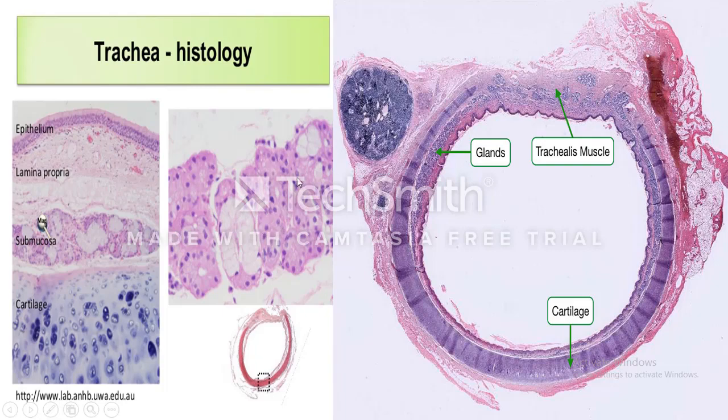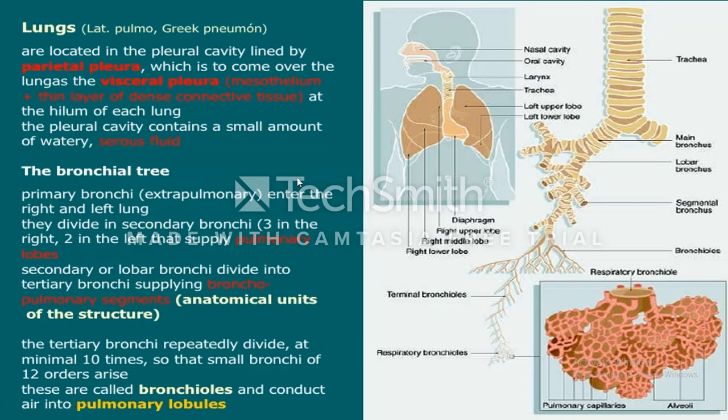Very good. Lung consists of bronchiole, terminal bronchiole, respiratory bronchiole, alveolar duct, alveolar, alveoli. Okay, very good. This is the bronchiole.